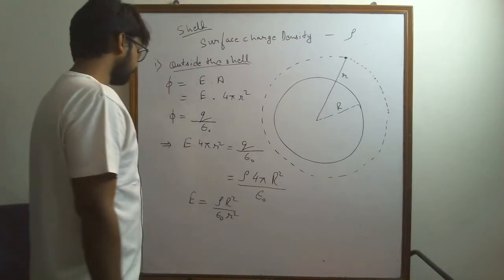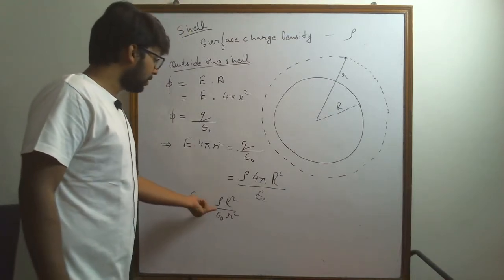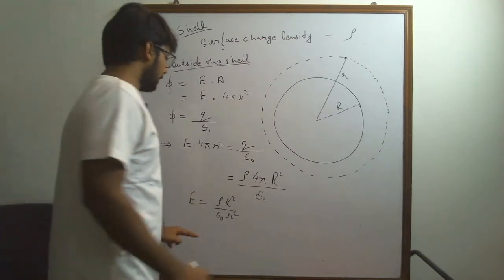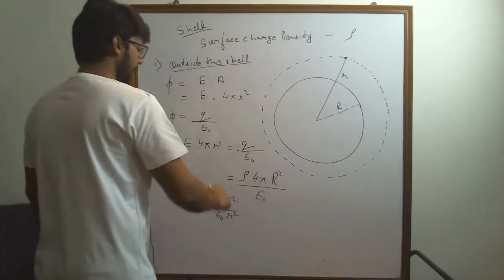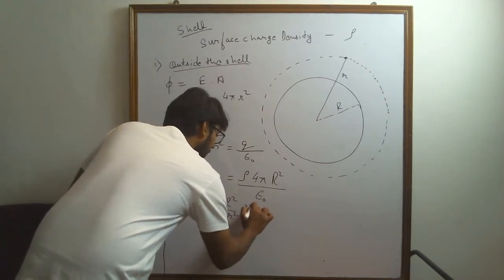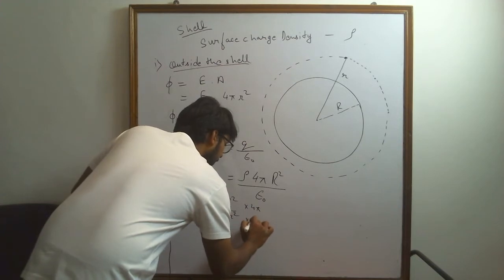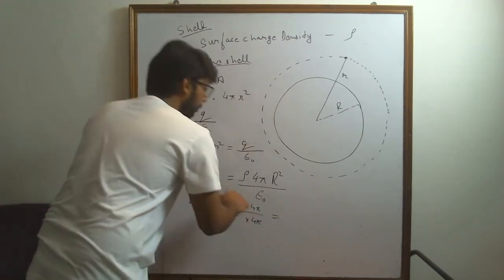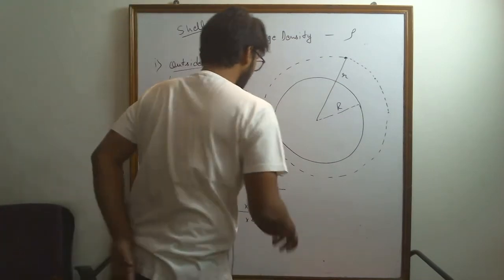Okay. Now, I can actually revert this back. I want to show you both the sides, but if I multiply it by 4 pi in both the numerator and the denominator, I can do that. Why?